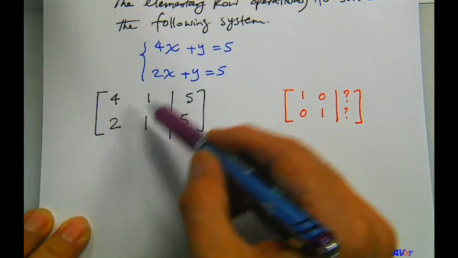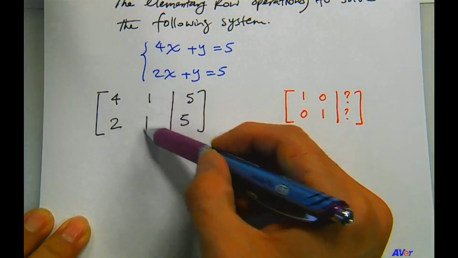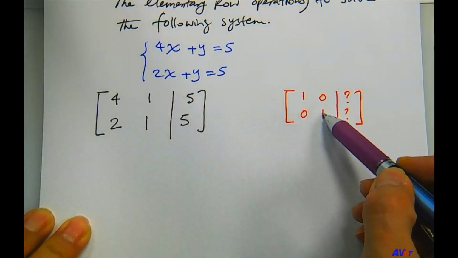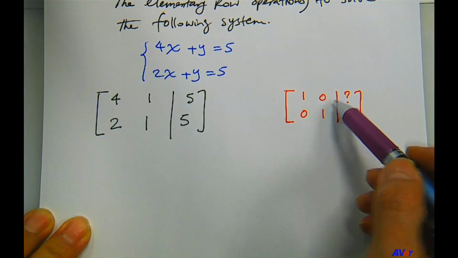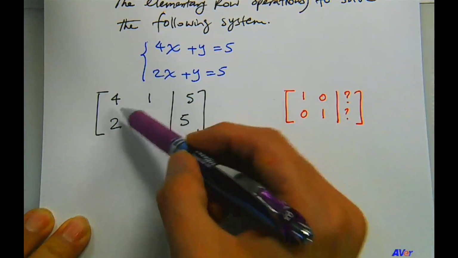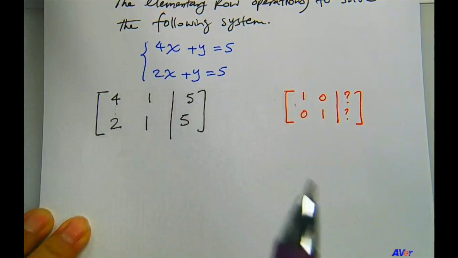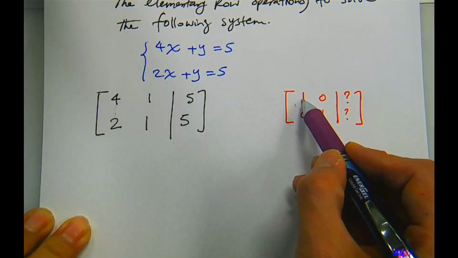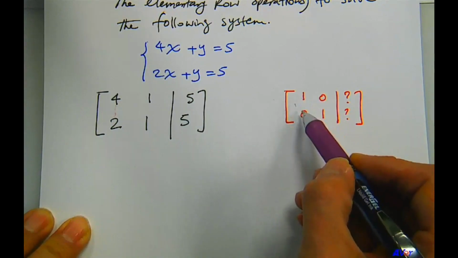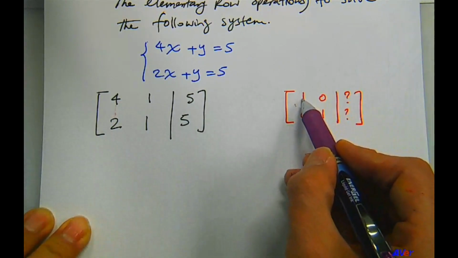Once we're done with that, we move to the second column and we make that look like this second column. It's critical that you remember that when you obtain each column, the first thing you need to obtain is the 1.